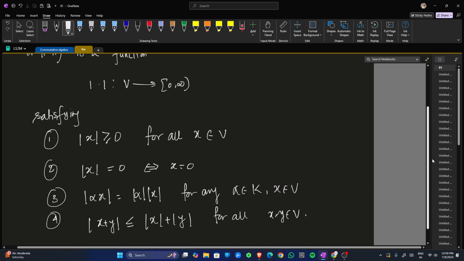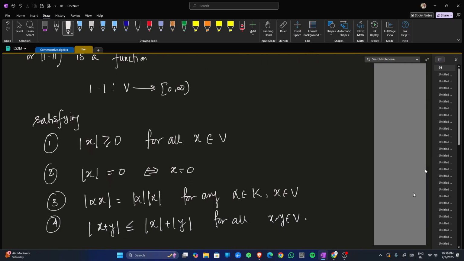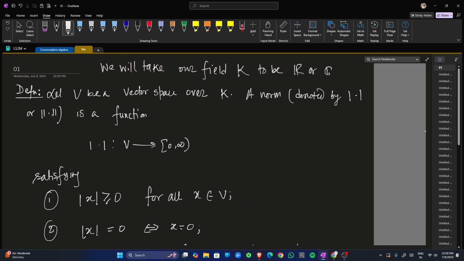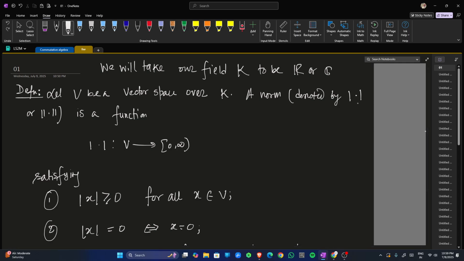Okay, so is the definition clear to everybody, please? Mostly we denote norm by this notation. Since our teacher uses this notation, he told me to strictly use it, so that's why I am using this notation.